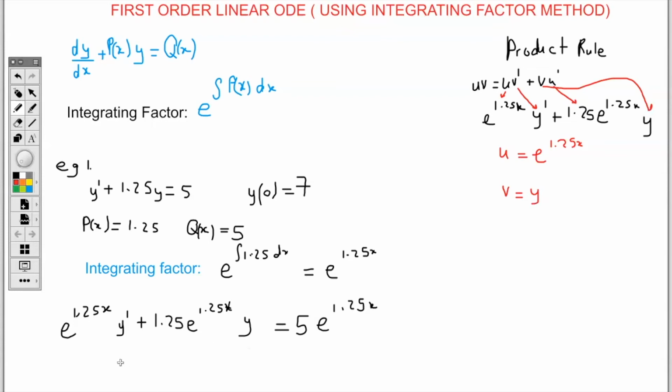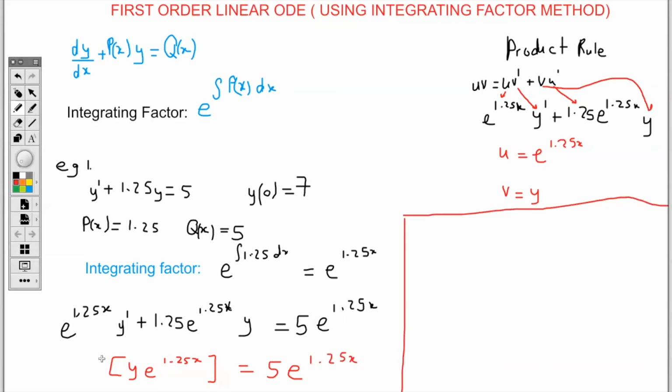So rewriting it here, this is the same as the derivative of y times e to the 1.25x, let me rewrite the next side, 5e to the 1.25x. So on the left, this is being differentiated with respect to x. So when I differentiate y times e to the 1.25x, I will get the above.